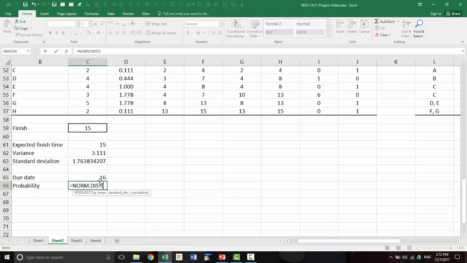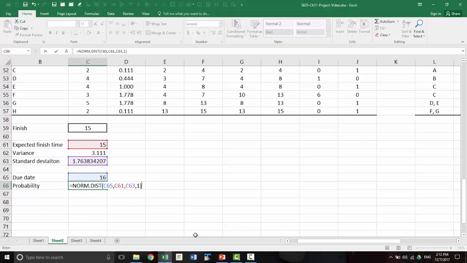So this is the due date, comma, mean is the expected time, comma, standard deviation, and then you have to specify whether you want cumulative or false, which would be the probability mass function, which is the height of the curve. So you should always use 1 for probability. So this will give you cumulative probability.